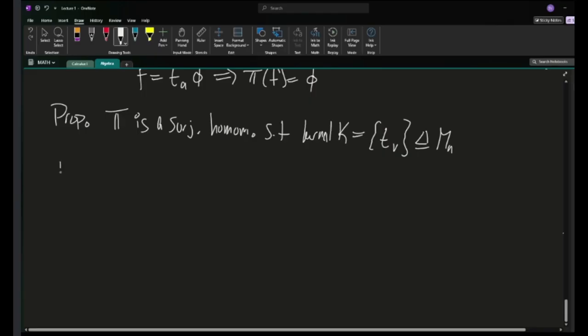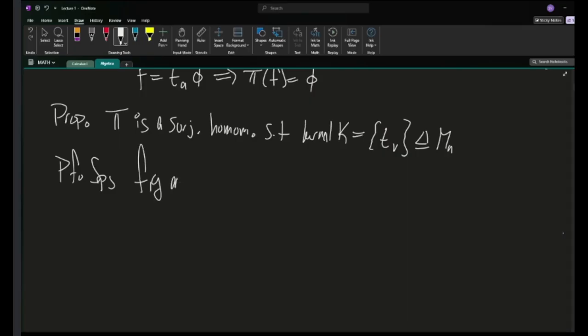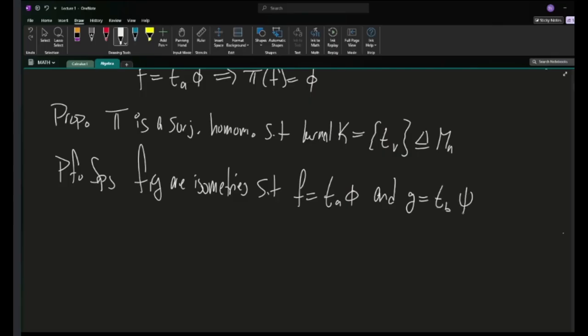So suppose F and G are isometries such that F is equal to some sort of translation of phi, and G is equal to some sort of translation of psi.